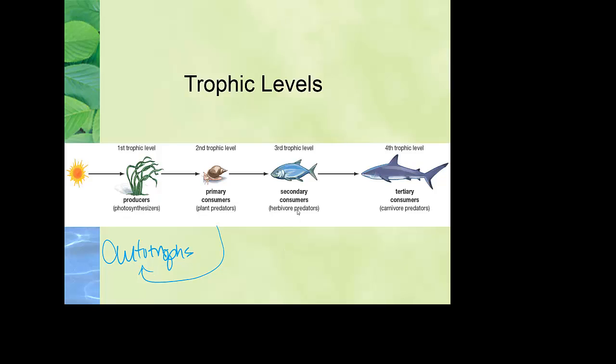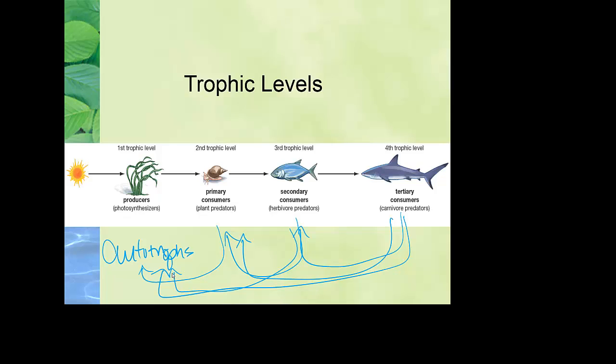The secondary consumers are going to eat the primary consumers and potentially the autotrophs. The tertiary consumers eat the secondary consumers and potentially the primary consumers and potentially the autotrophs. So we get this leveling interaction, kind of hierarchy associated with feeding.